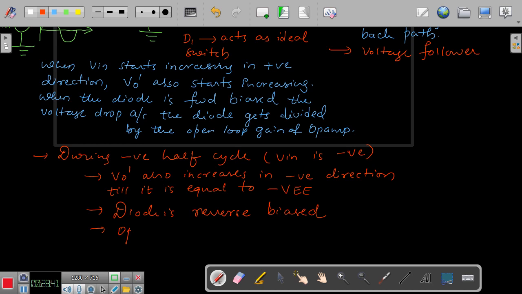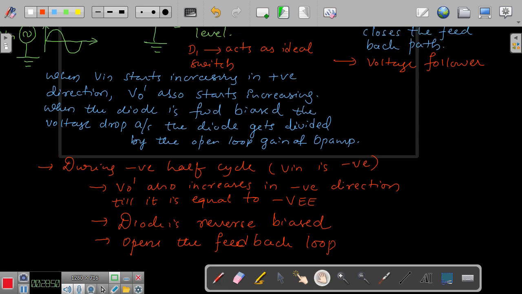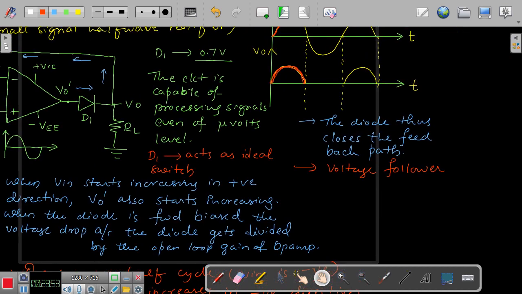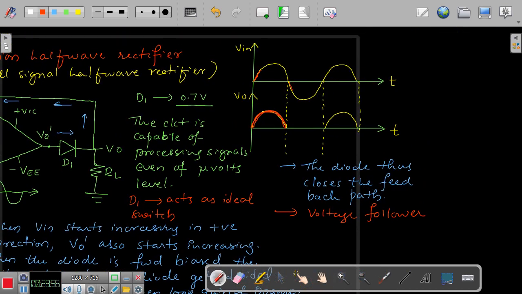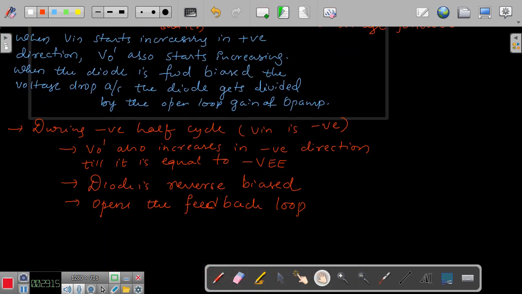So this opens the feedback loop, so when the voltage reaches in the negative direction, the diode becomes reverse biased, and you will not get any output from this point to this point. So this is how you get the operation of a precision half wave rectifier, and here this will give you V0 equals 0 during the negative half cycle.